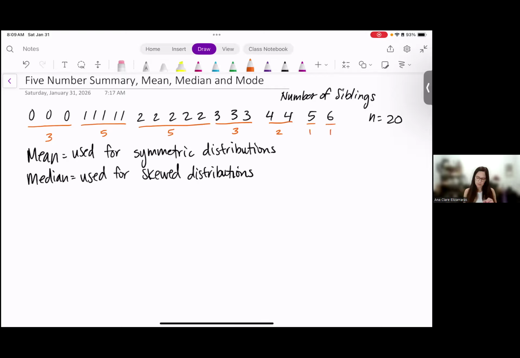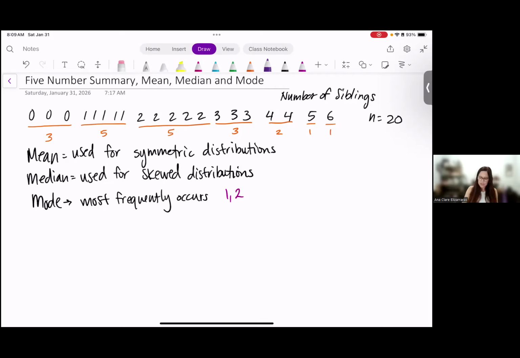So the numbers that appear most frequently here are both 1 and 2. So it is possible to have more than one mode. So the mode is the number that most frequently occurs. In this sense, the mode was 1 and 2.